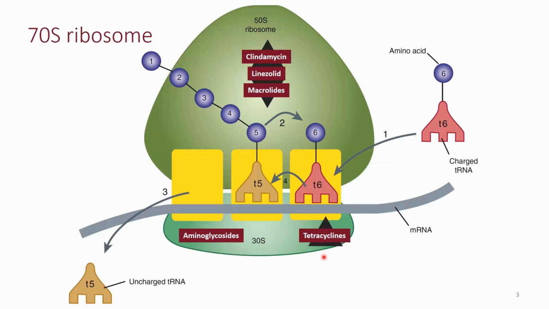Other important antibiotics are tetracyclines and aminoglycosides, which bind to the 30S subunit and will also inhibit protein synthesis. So as you can see, aminoglycosides and tetracyclines basically compete for the same site, which is the 30S, whereas clindamycin, linezolid, and macrolides basically compete for the same site in the 50S subunit.